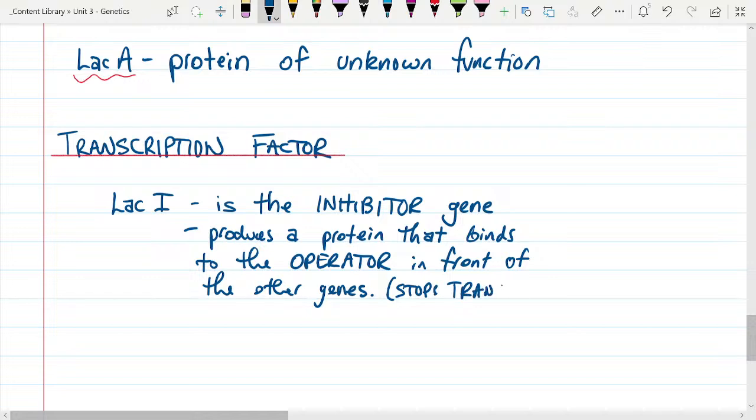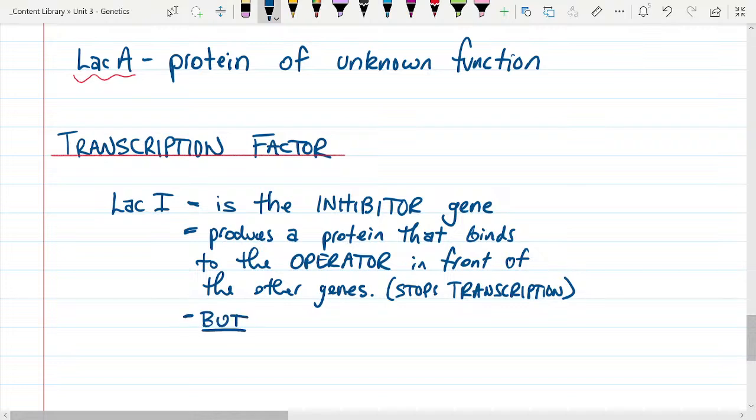So the inhibitor gene is a small little protein, which means it's much easier to make. It's much less energy for the cell to make this inhibitor protein than it is to make the beta-galactosidase enzyme, which is a big complicated enzyme, right? And this inhibitor gene codes for this inhibitor protein that binds to the operator and stops transcription.